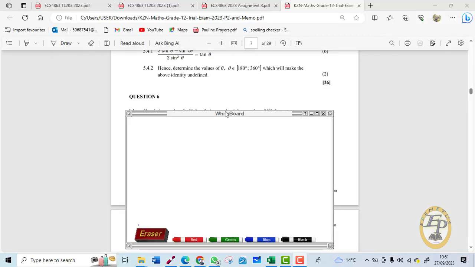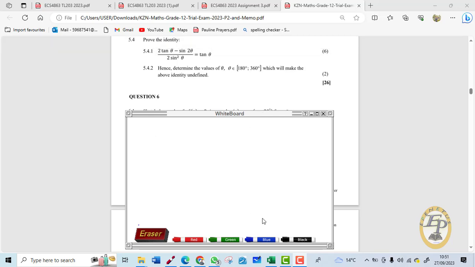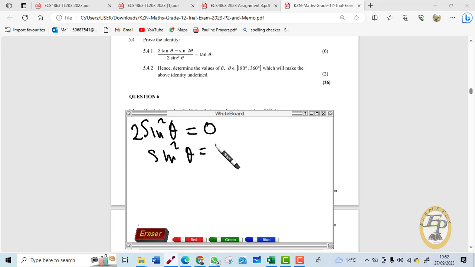So hence determine the values which make the above undefined. So for it to be undefined, the denominator must be 0. So therefore 2 sine squared theta must be equal to 0. If you divide both sides by 2, sine squared theta can be 0.